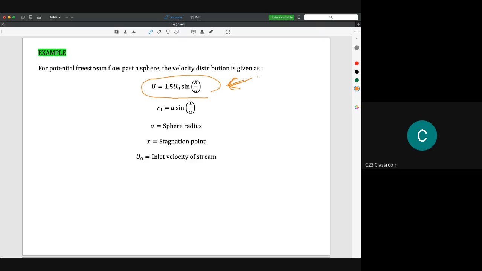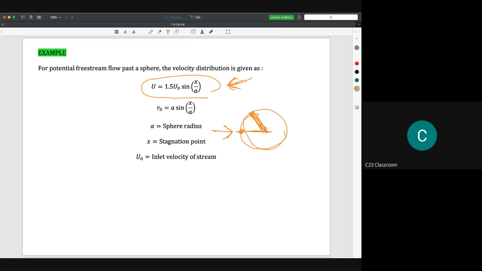So a is actually the sphere radius, and x is measured from the stagnation point. So if we have a sphere here, and we have flow here, we have the stagnation point at this one. And we have a as the sphere radius. Okay. And then we could have the value of r naught here.